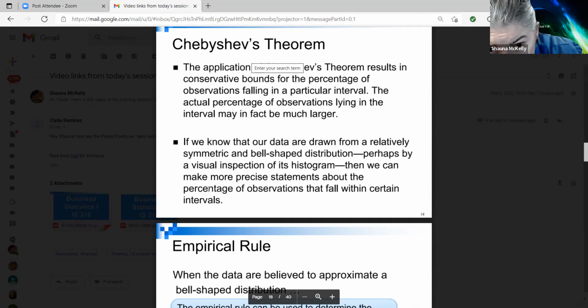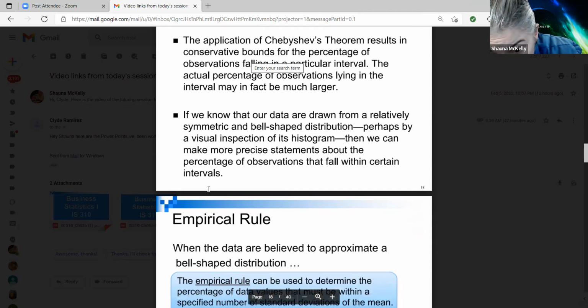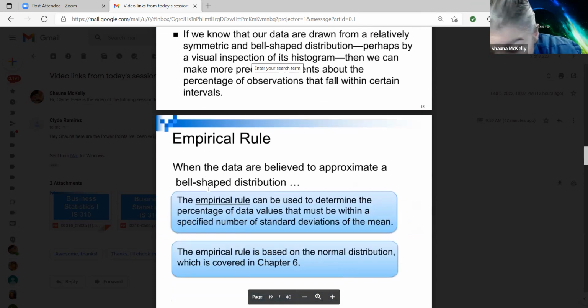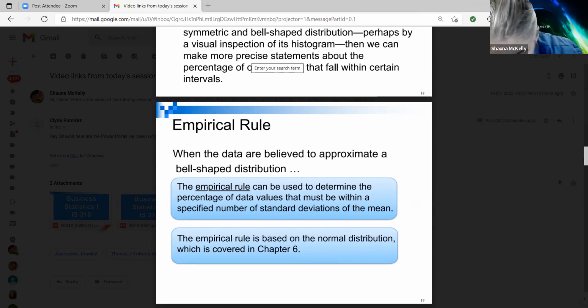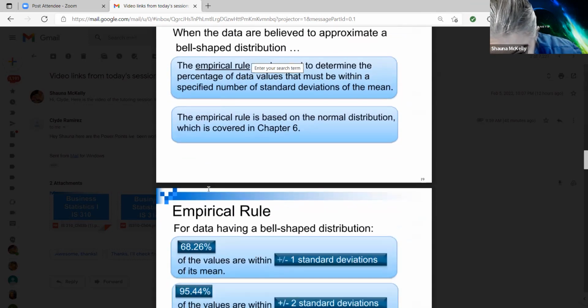But basically she's saying, if our data are drawn from a relatively symmetric distribution, then we can make more precise statements by using the empirical rule, which is that picture that I showed you with the bell-shaped curve and the other percentages from yesterday. She's going to cover that in more detail in chapter 6.